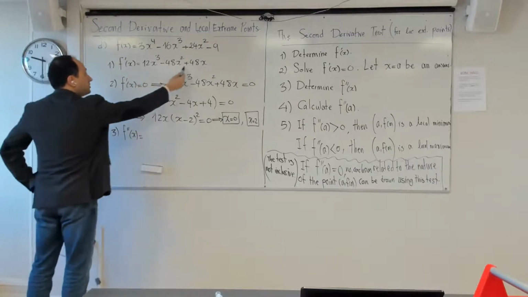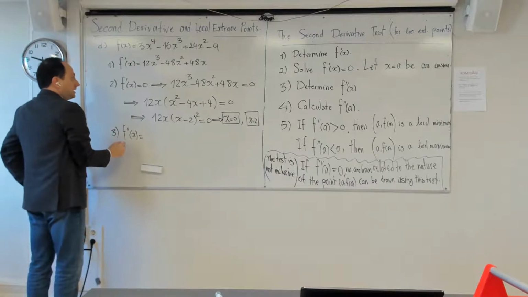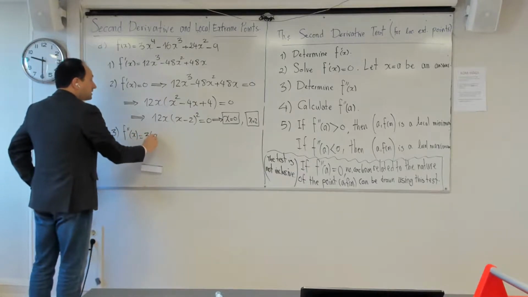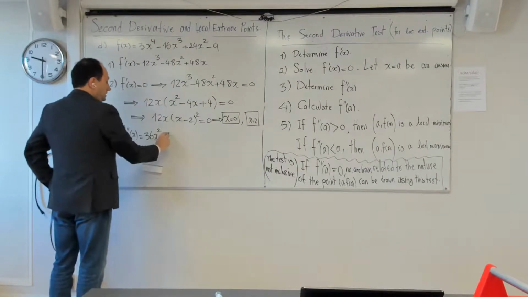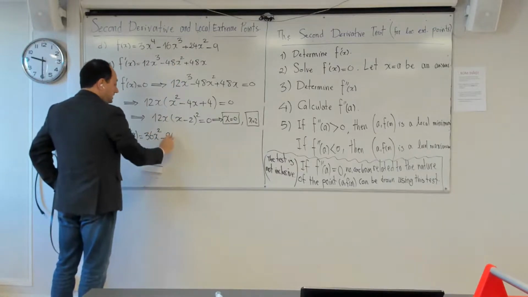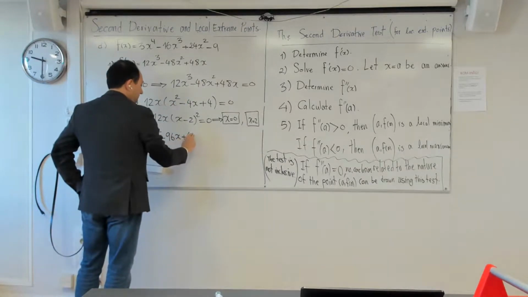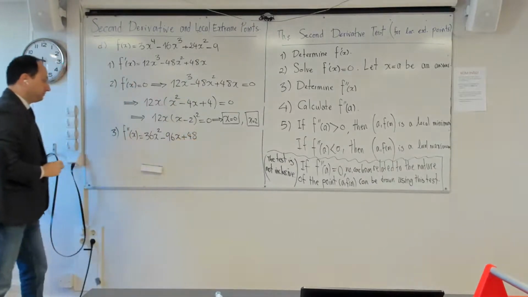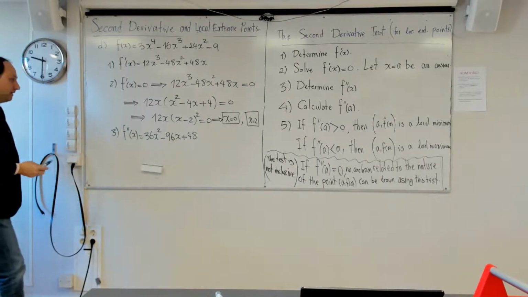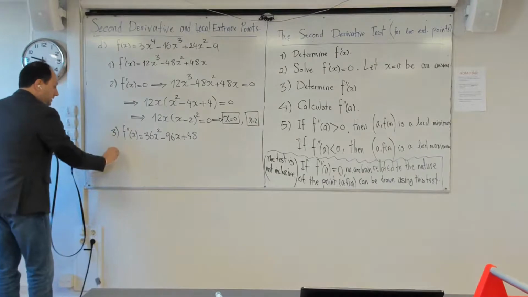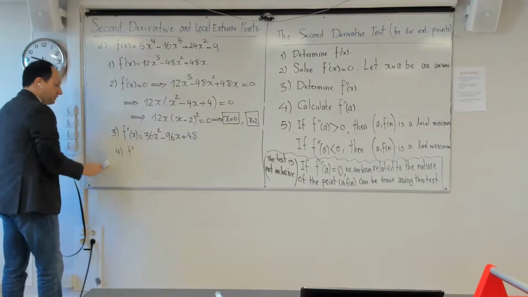Okay, this is my first derivative. I take another derivative, it becomes 36x to the power of 2 minus 96x plus 48. Okay? Now, step number 4, I have to put these values in the second derivative.